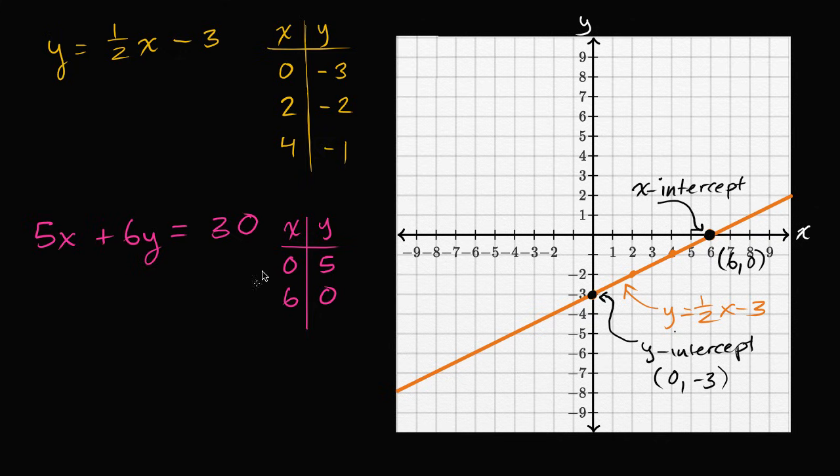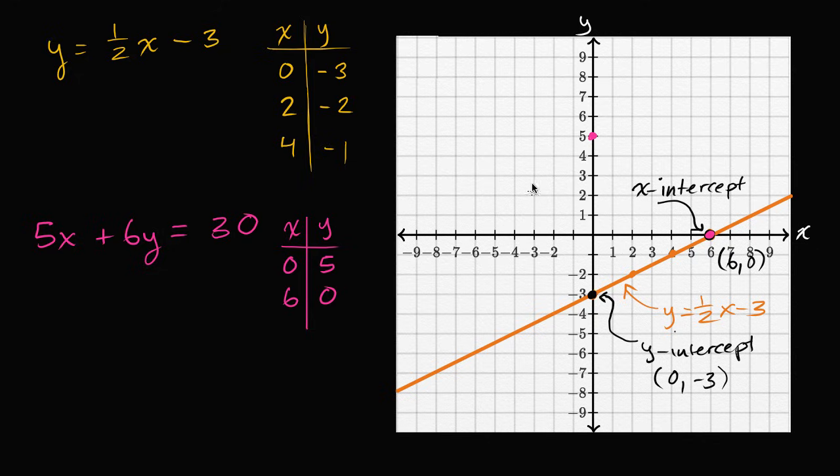So we could plot those points, 0, 5. When x is 0, y is 5. And when x is 6, y is 0. So those are both points on this graph.